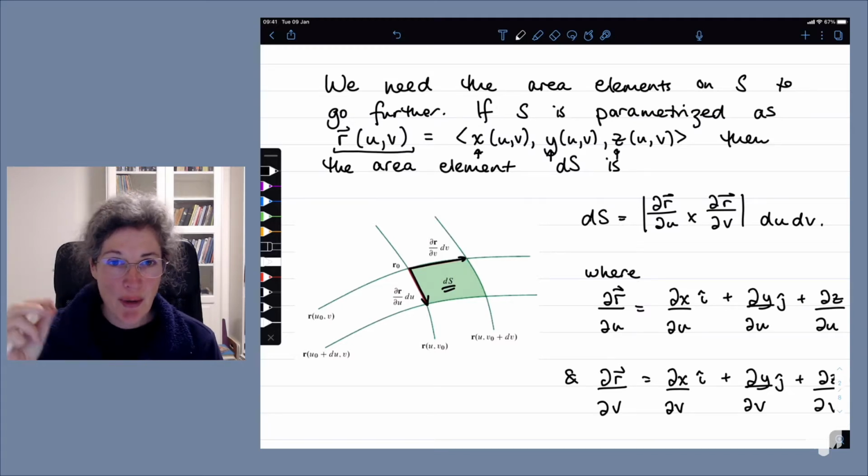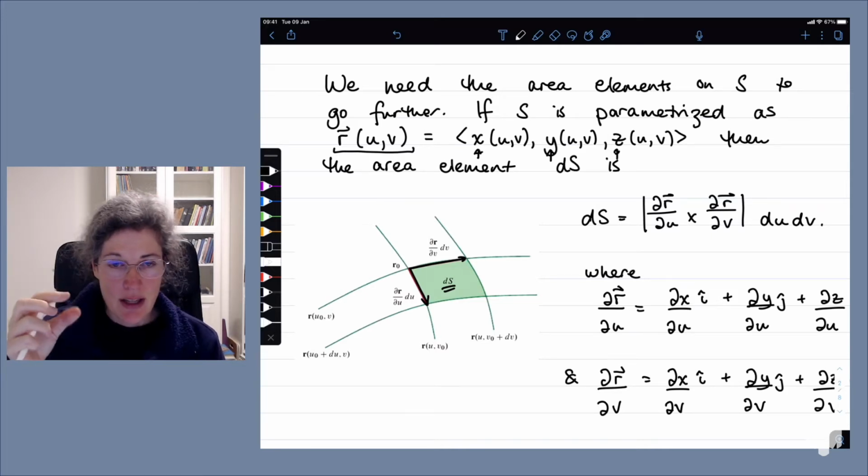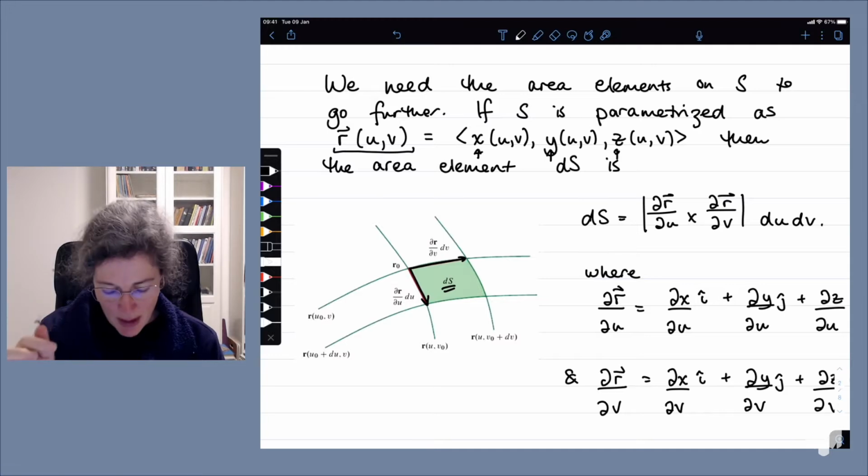Okay, so there's a lot going on in there. Go back and recap on how you find tangent vectors and finding the cross product, and it turns out that the cross product of two vectors gives the area of the parallelogram which they construct between them, which is exactly what we want here.